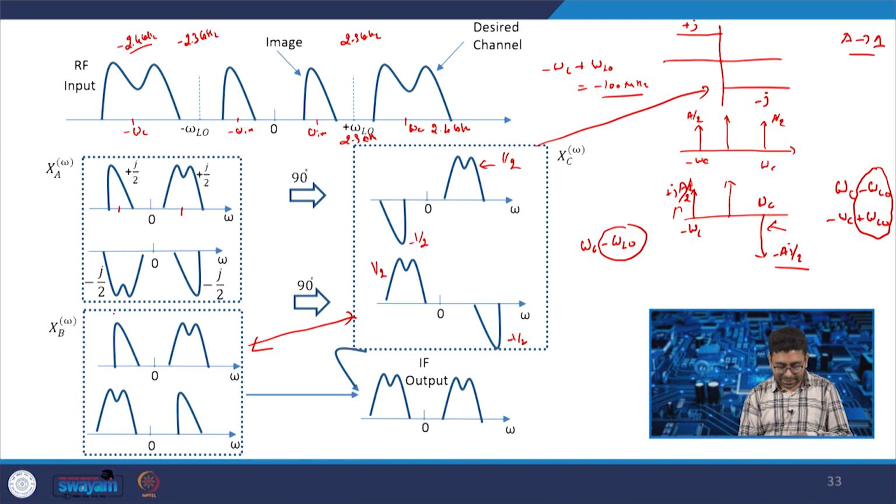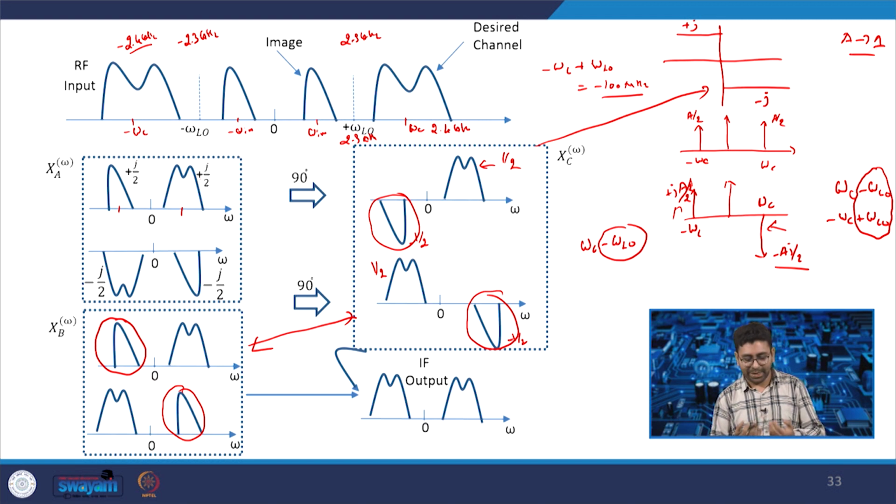This image will be cancelled out with this image, and this image will be cancelled out with this image, because here you have made the image negative, and because in both cases the image is considered negative, in your final output you will only have the desired signal. So, this is how graphically you can analyze how your Hartley architecture will work.